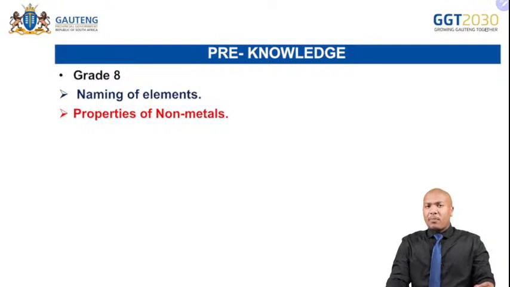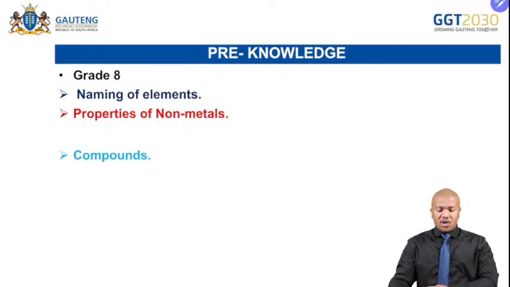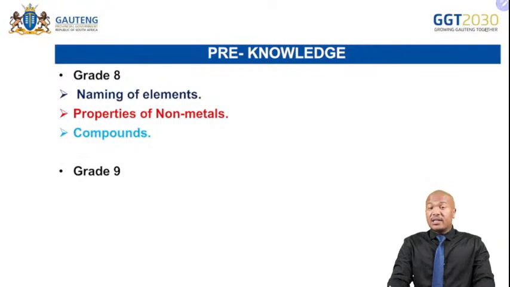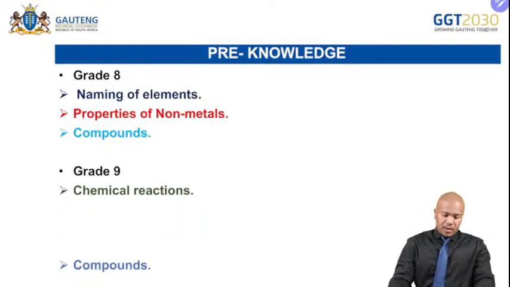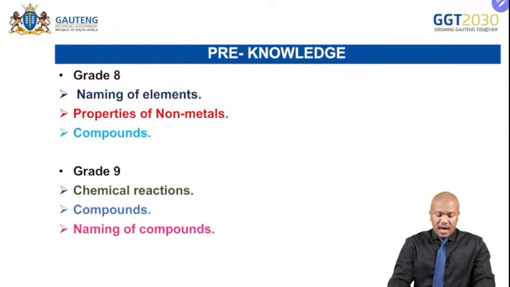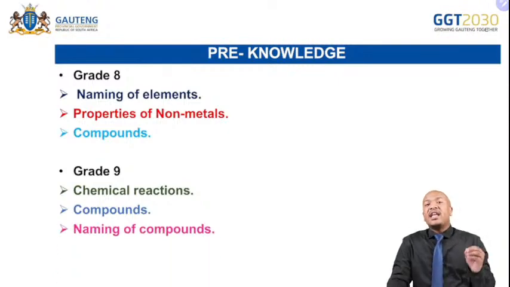We have done the properties of non-metals, and we're going to revise them again today. We also have done compounds in grade 8. Then in grade 9, we have done chemical reactions. Still remember? We have done compounds as well. And lastly, we have done the naming of compounds.